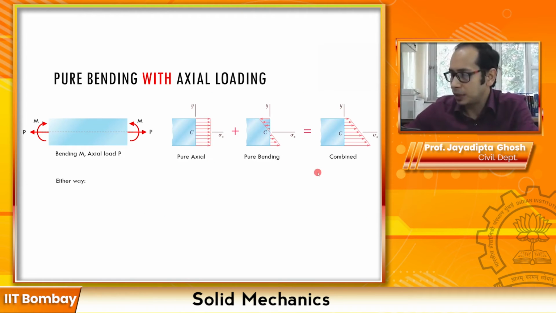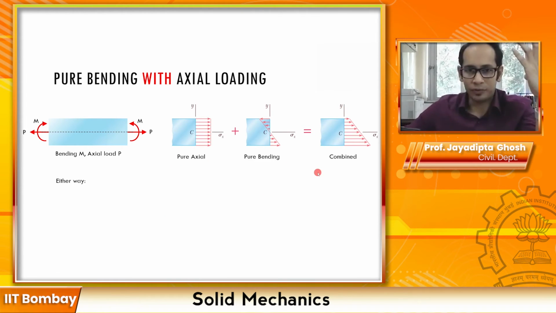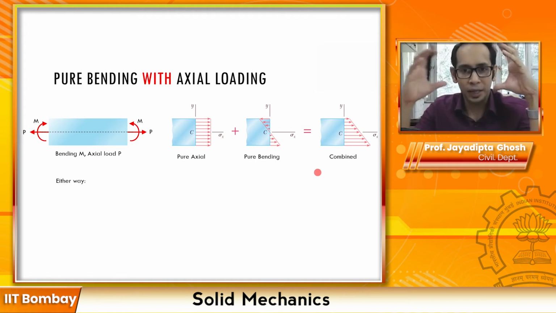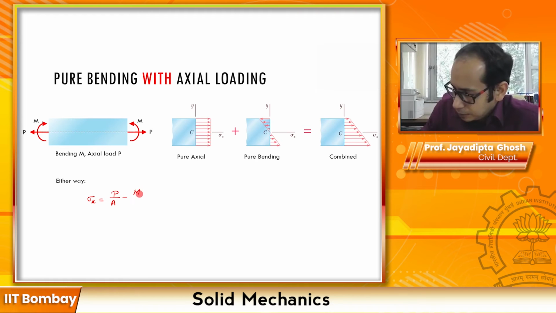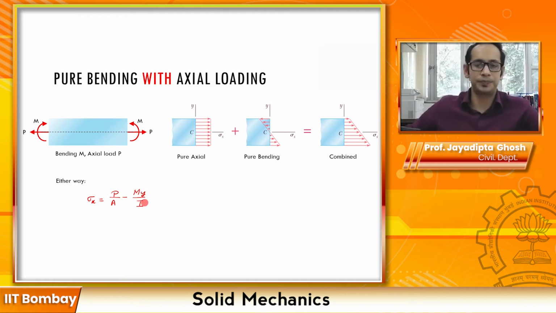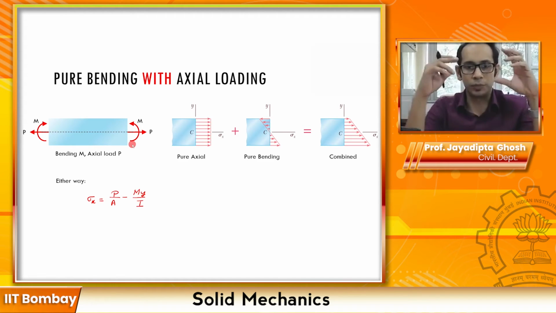So all I'm saying is that once you combine the effects of both the bending as well as the axial, you can write your sigma x equals P divided by A minus My by I over here. Right, so this is the overall expression.